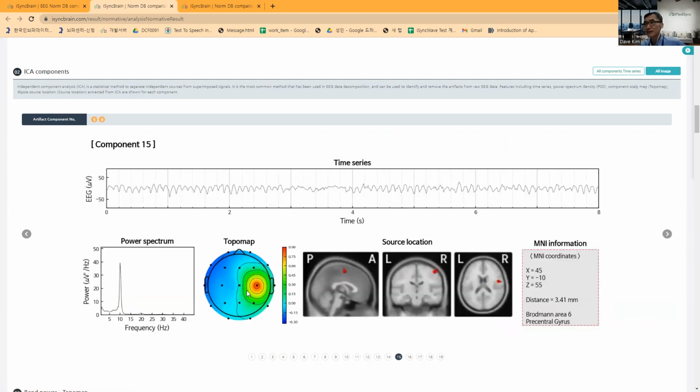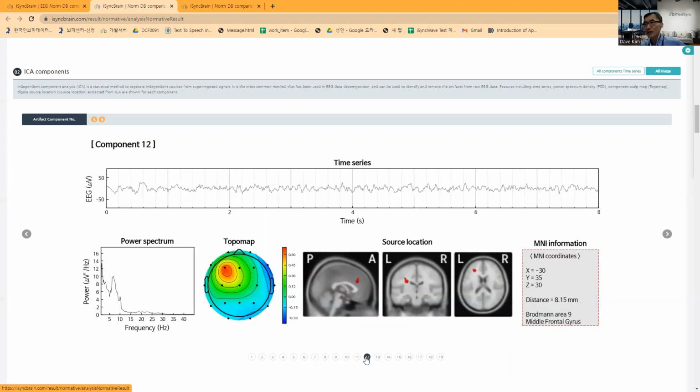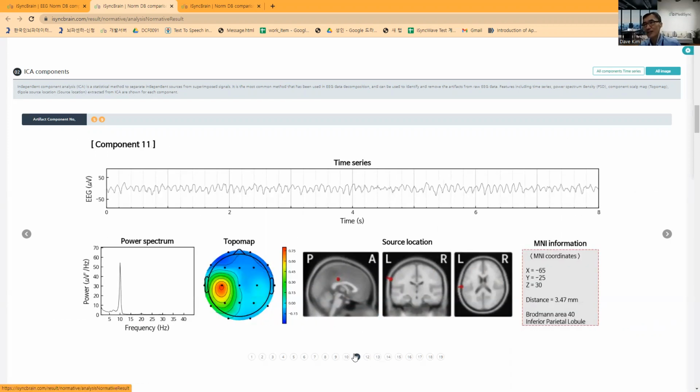This mu rhythm blocks the non-logical information processing, for example, emotional processing. The emotional information processing from the back to the frontal area is blocked by this idling rhythm in the central area. We can observe the central mu rhythm many times in developmental disorder.